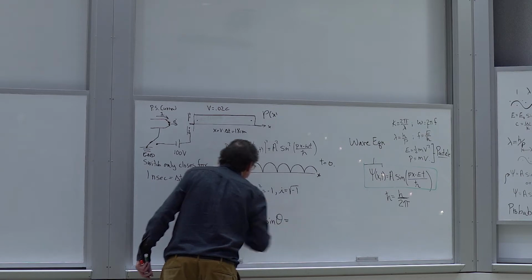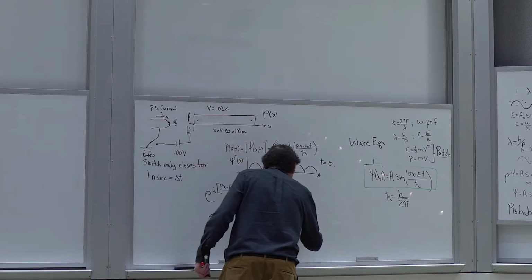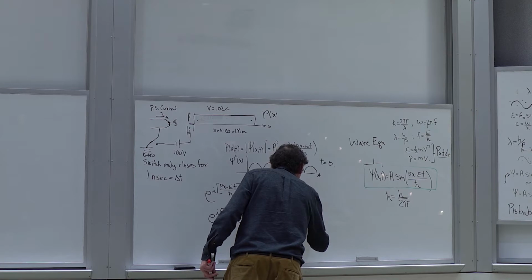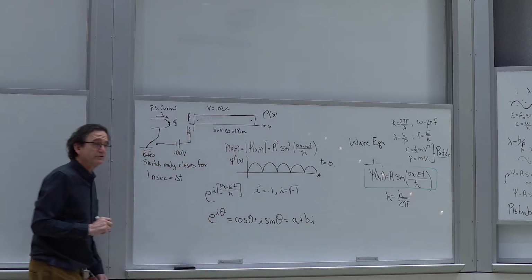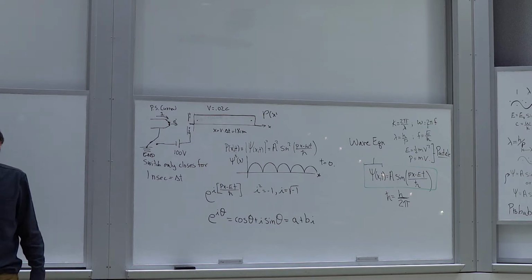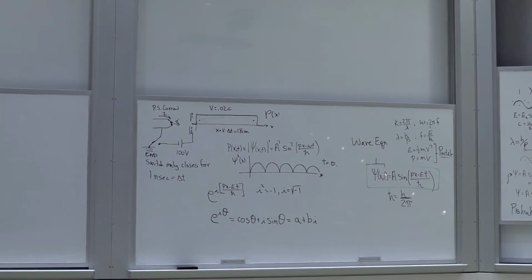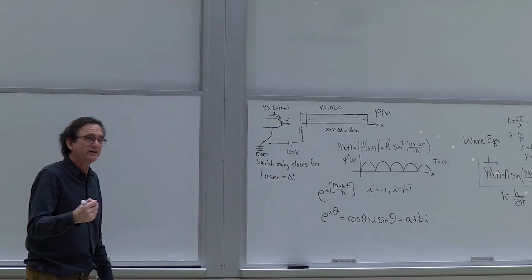Right? And this has the form of a number which is a plus b times i. Right? Sorry, we have to do a little bit of complex analysis here to get you up to speed, because the Schrodinger equation has the square root of -1 in it.